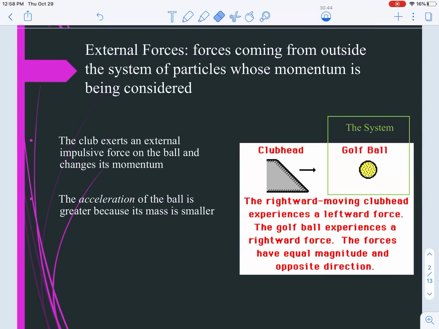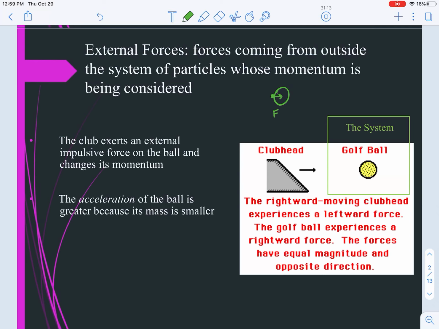So when we look at our illustration, we see here that the golf club, or club head, is going to strike the golf ball, and that's going to create an acceleration onto the golf ball. Now, I want to remind you that if we're just looking at our golf ball as an isolated system, the golf ball itself received a force.